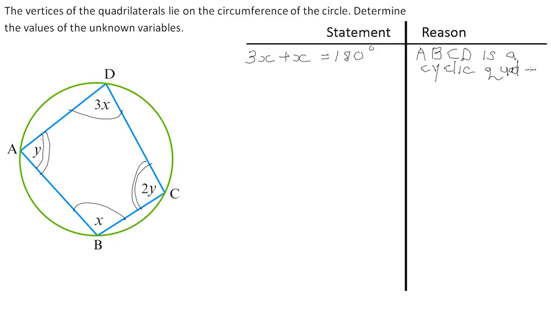And because it's a cyclic quad, it implies that opposite angles, because those are the opposite angles, are supplementary.